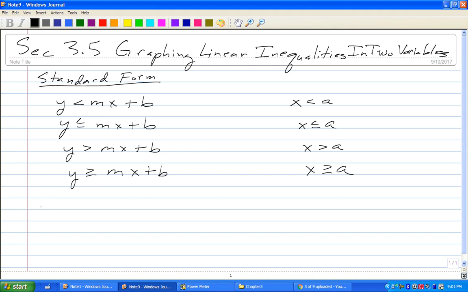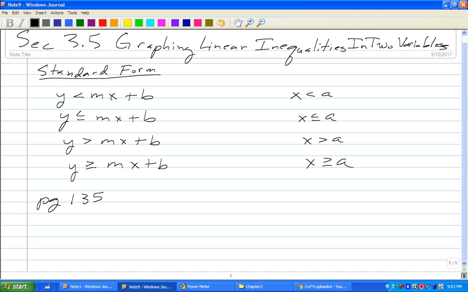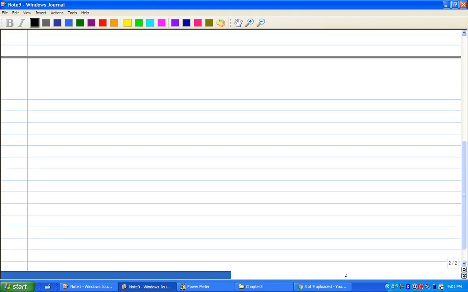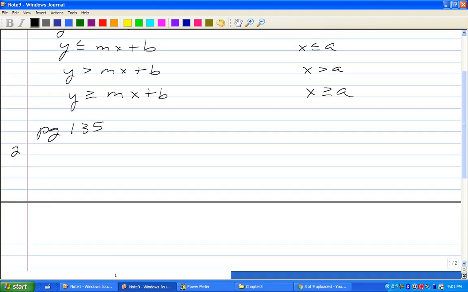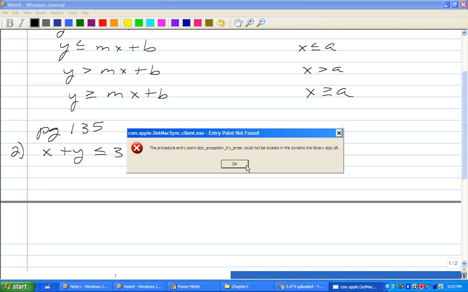Let's say on page 135, let me do problem number 2. And so I have here x plus y is less than or equal to 3. In exercises 1 through 12, identify which side of the line should be shaded to represent the solution region of the given inequality.